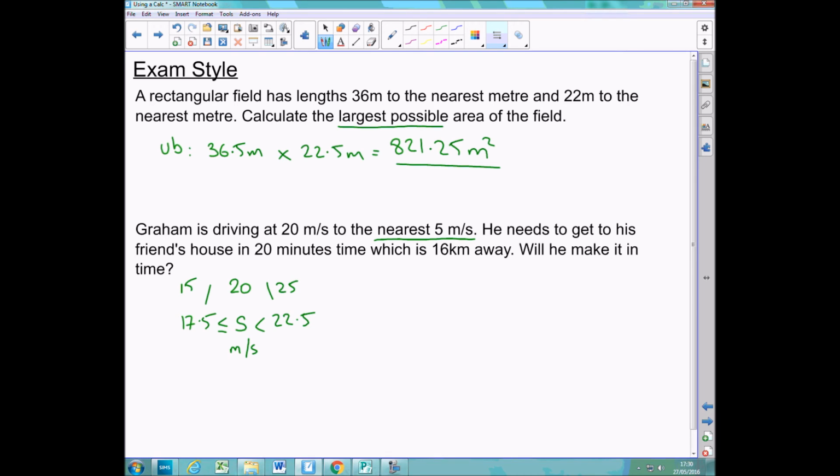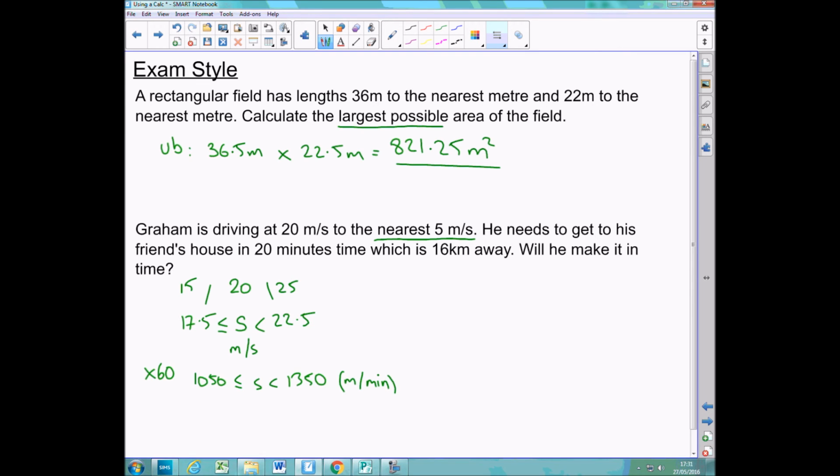Firstly, to change meters per second into meters per minute, I'm going to times by 60 because there's 60 seconds in a minute. So this gives me a lower bound value of 1050 meters per minute and an upper bound value of 1350 meters per minute.